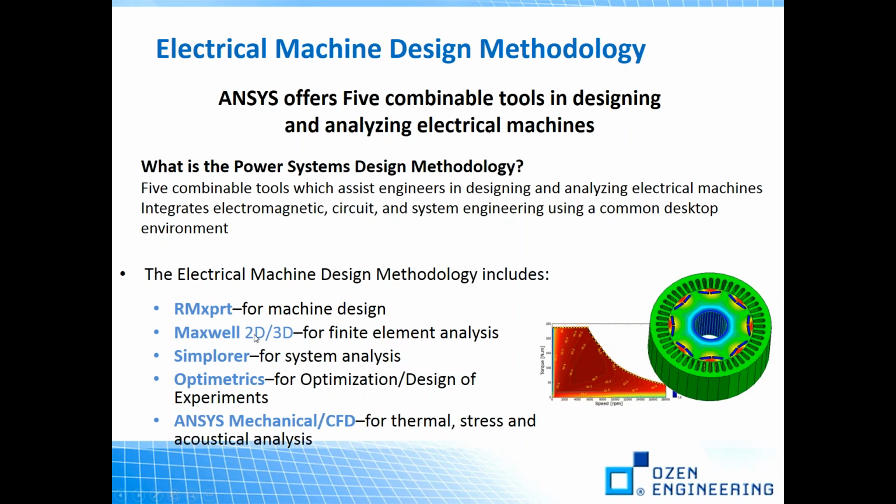Also Maxwell 2D and 3D, which is software based on the finite element method. Simplorer for system and circuit analysis. And the Optimetrics option, which is for parametric analysis and also optimizations, and also ANSYS Mechanical and CFD for thermal, stress, and acoustical analysis in the motor designs.